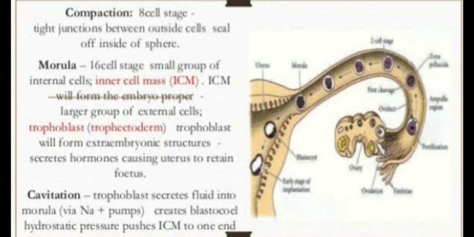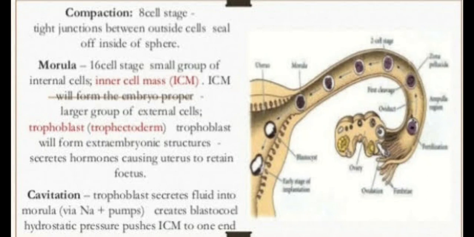Then comes the next stage in development, that is called the morula. It is a 16 cell stage. A small group of internal cells are present, and these internal cells or blastomeres are called the ICM, that is inner cell mass.